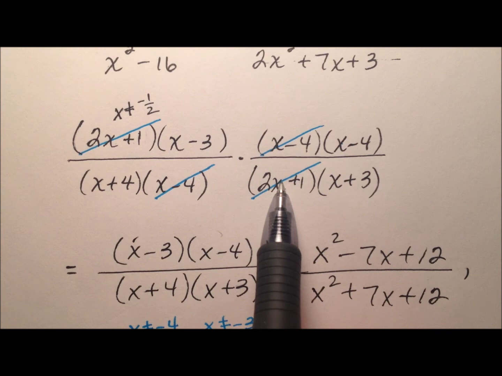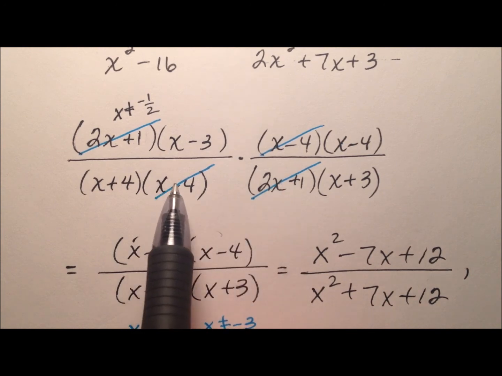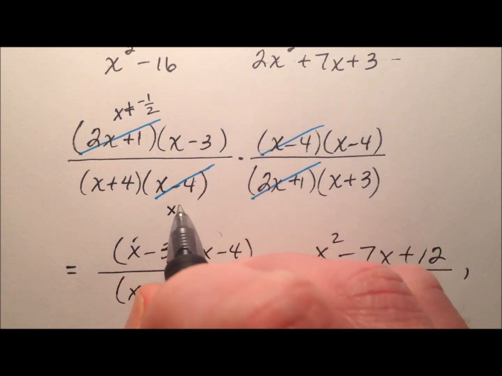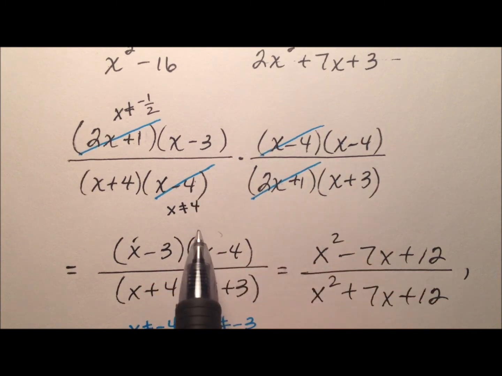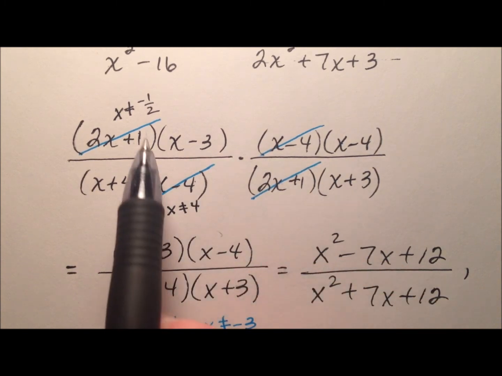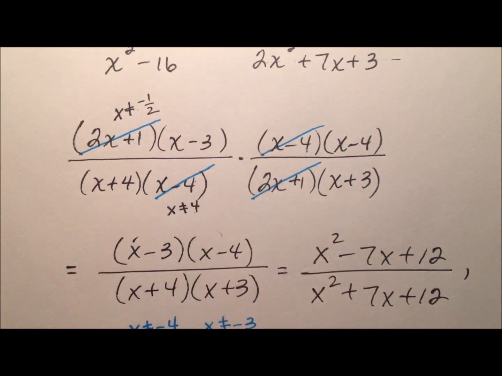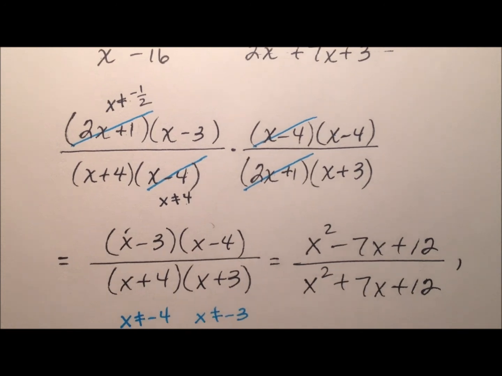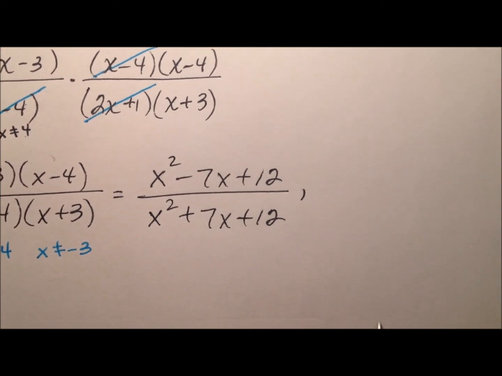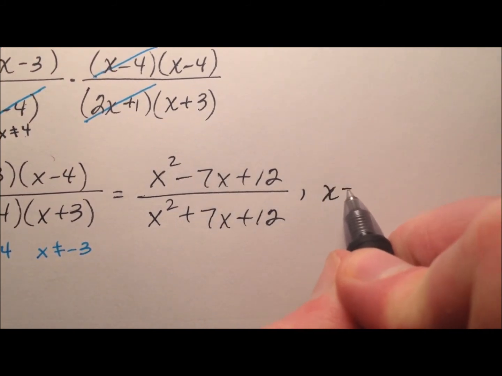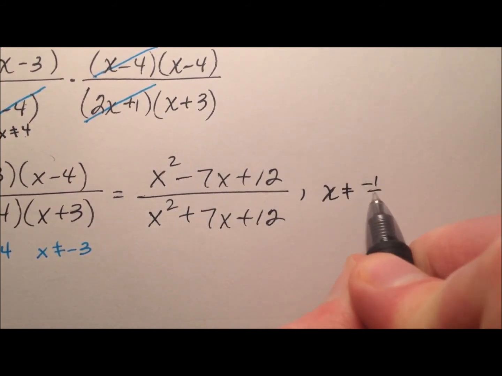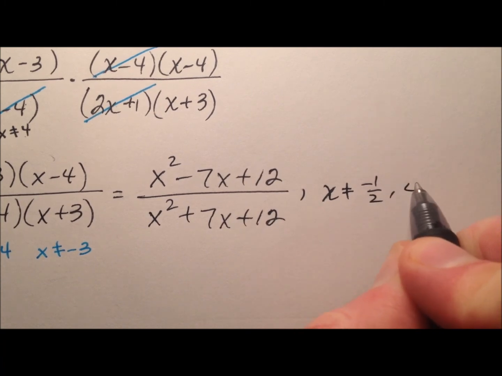That's undefined. The other one was x minus 4, so because of that, I know x cannot equal 4. Okay? But the negative 1/2 and the positive 4 don't show up down here in my final problem, so I need to include them. So I need to say x cannot equal negative 1/2 or 4.